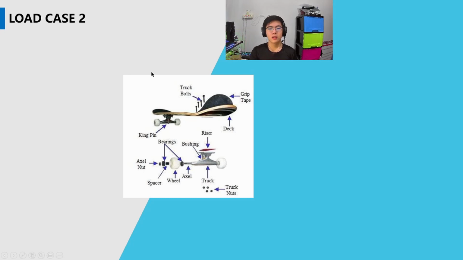So there will be three major parts that we need to know. The first part is the board itself, which is here. The second part will be the truck. So the truck basically is the whole bottom part, including the assembly of the wheels. This is the 7075-T6 aluminium part, and also the bolt which connects the truck to the board.